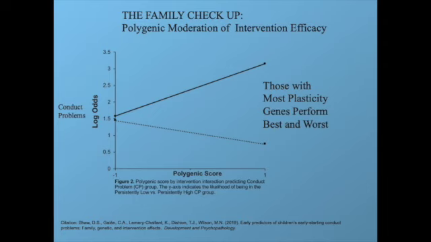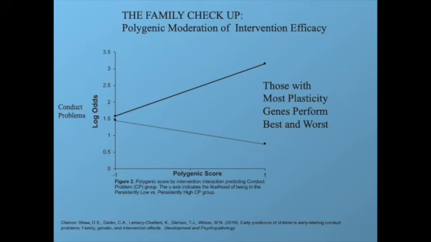And here is a slide that Danny Shaw lent me last night after I heard his talk yesterday, because these come from his Family Check-Up study. He mentioned that they created a polygenic score, and lo and behold, look what happens. If you have the polygenic score and you're in the control group, that's the solid line, you're going to have many more conduct problems.